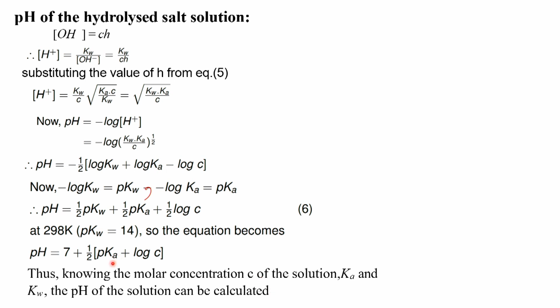If we know the Ka value of a particular acid, we can calculate pKa. If we know the molar concentration of that acid, C, and at 298 K we get the value 7 here, if we put all those values here, we can calculate the pH of the solution.